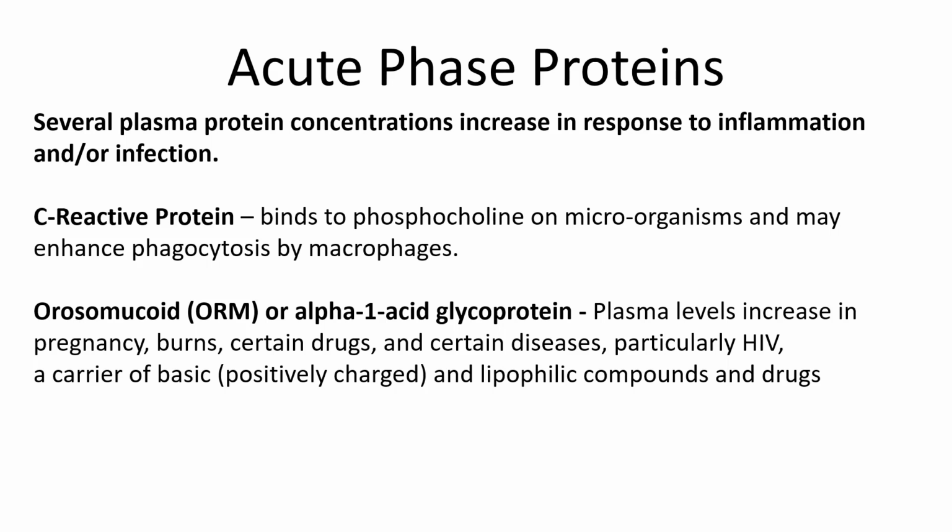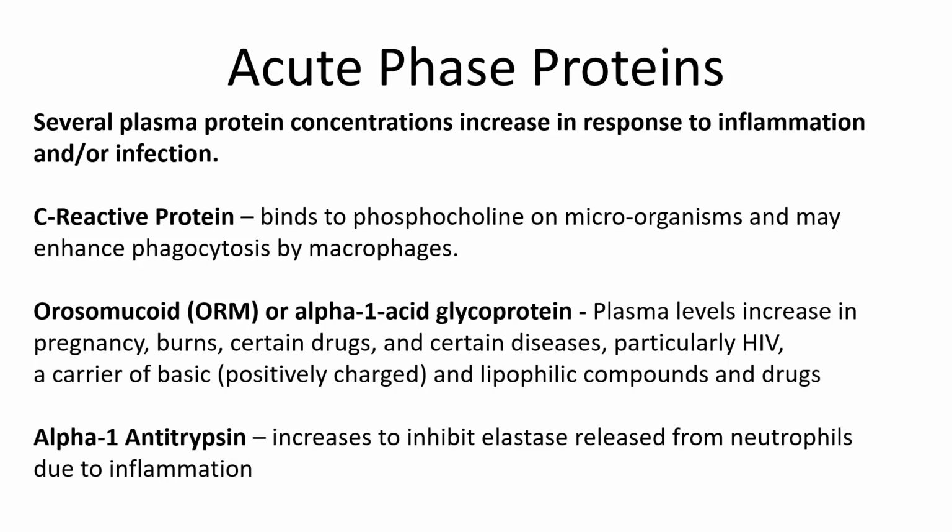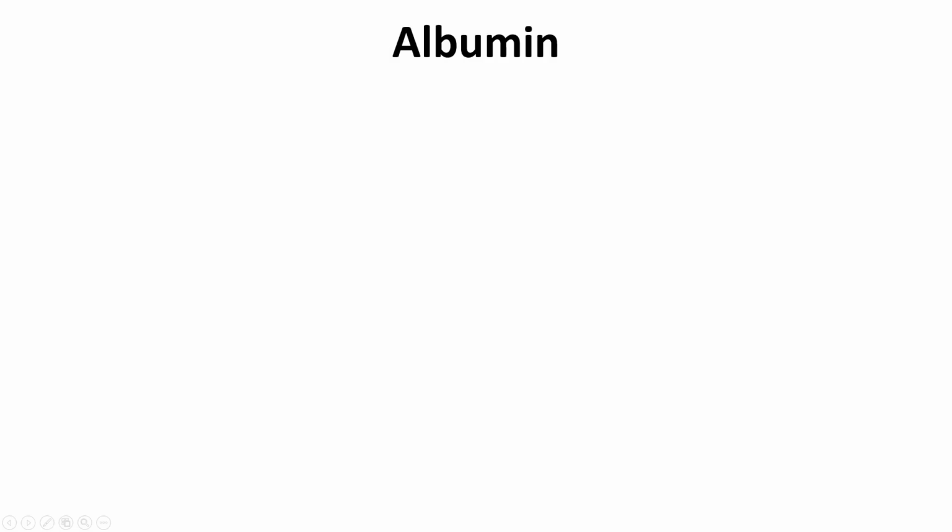Plasma levels increase in pregnancy, burns, certain drugs, and certain diseases, particularly HIV. It's a carrier of basic, positively charged, and lipophilic compounds and drugs. Alpha-1 antitrypsin, which we'll talk about more later, increases to inhibit elastase release from neutrophils due to inflammation.